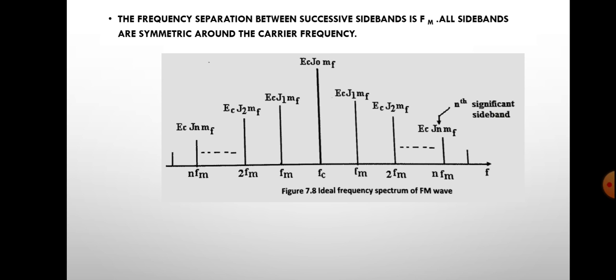You can see in the spectrum there are infinite numbers of upper and lower sidebands. The sidebands that have finite amplitude will constitute the bandwidth.